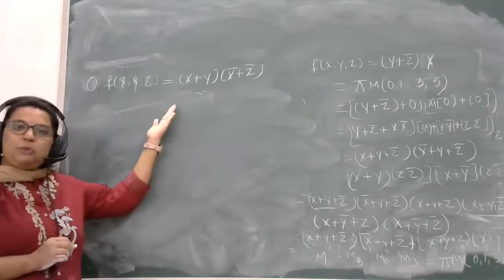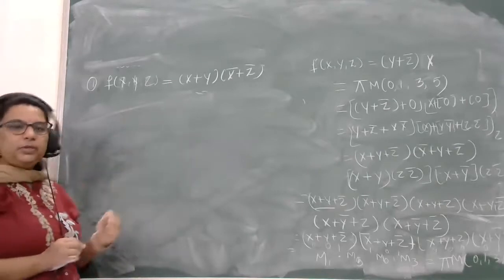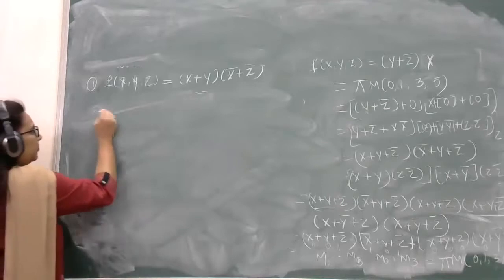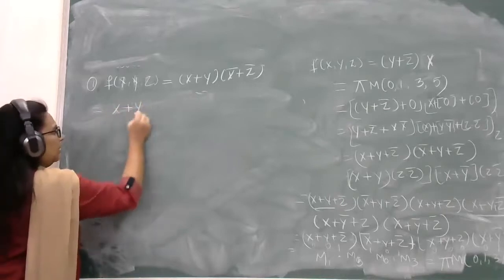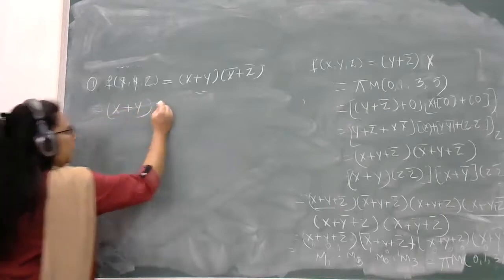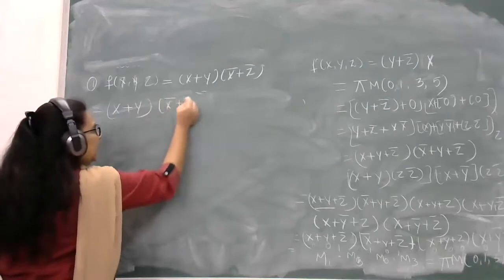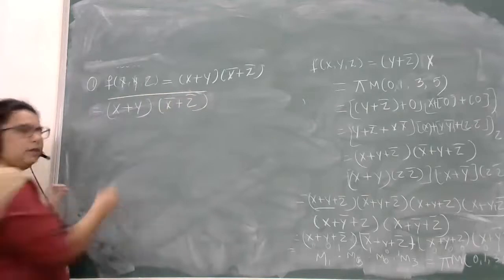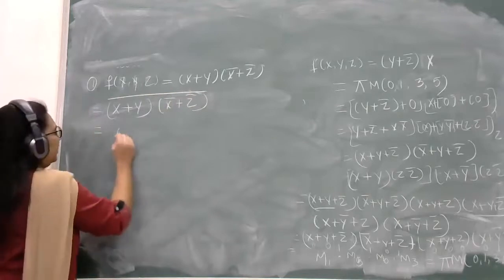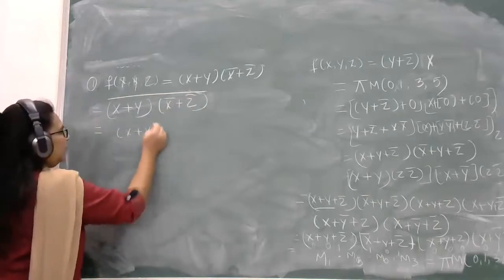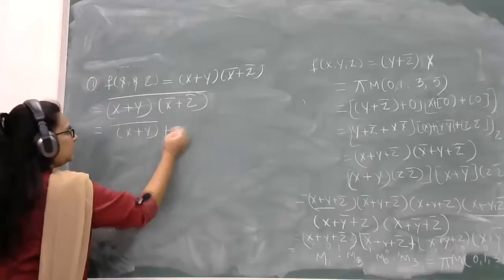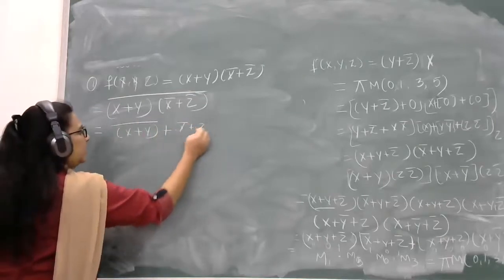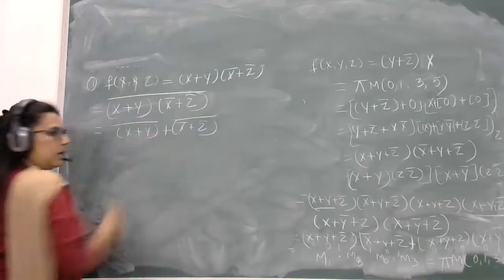Can I apply De Morgan's theorem to this? See what happens. x plus y into x bar plus z bar, whole bar. Alright? Then what happens? It will be x plus y whole bar plus x bar plus z bar whole bar. Right?